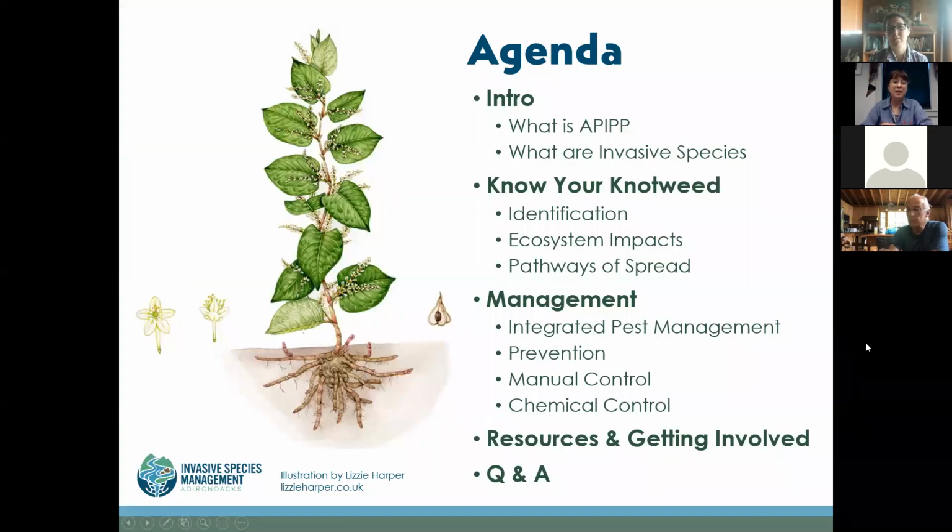So we'll go through an intro portion of the workshop and then jump into identification of, broadly, how do we see knotweed out in the environment while we're working in our yard, out on a hike, kayaking, going to work, and then teasing out the differences between the specific species that you can find in the Adirondack region.